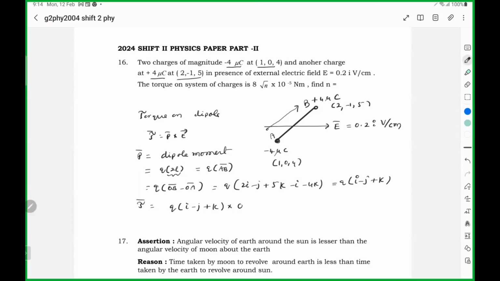cross the electric field 0.2 i, but it is given per centimeter, so you can write it as 0.2 into 10 square volt per meter.